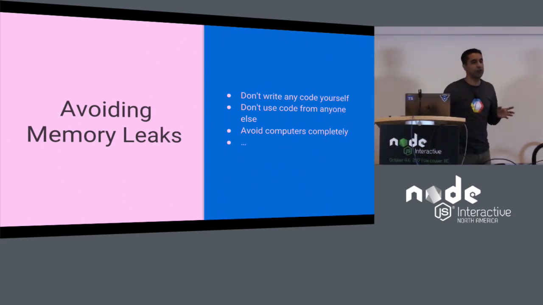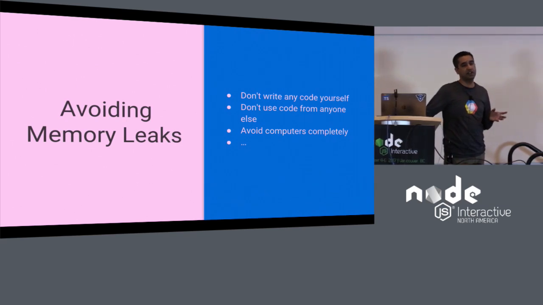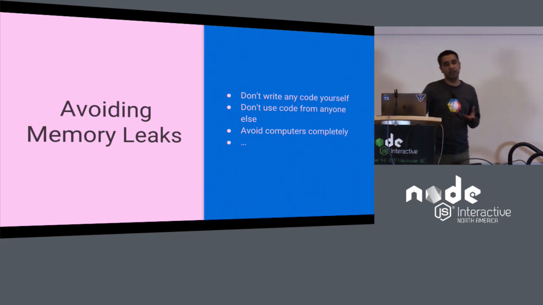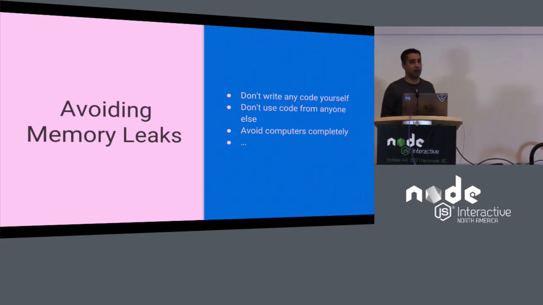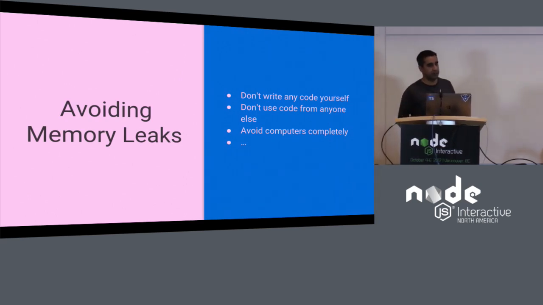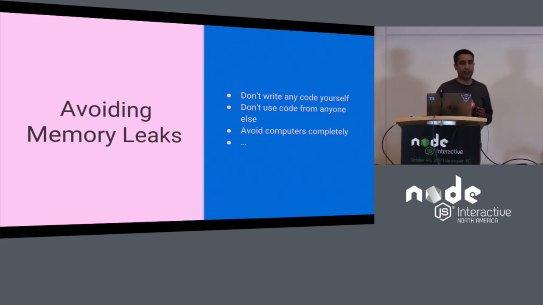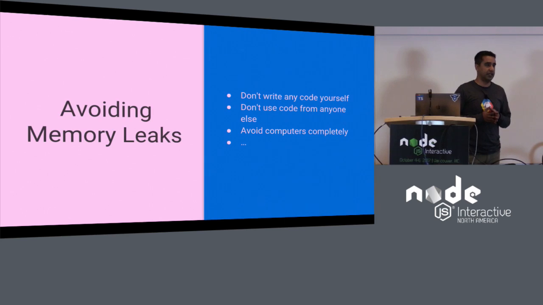So I think it's important to understand what memory leaks are and how they manifest in your code. I think if the goal is never to have memory leaks, that's hard. I'm not saying it's impossible. It's very, very hard. And chances are the application you're running with Node, maybe a small part of it is code that you actually wrote.